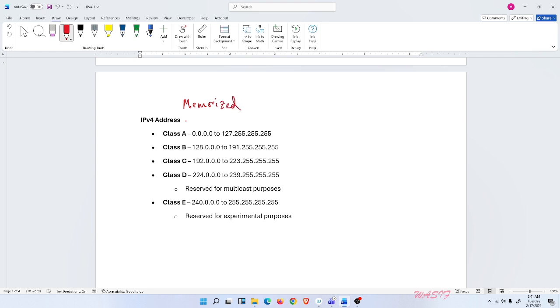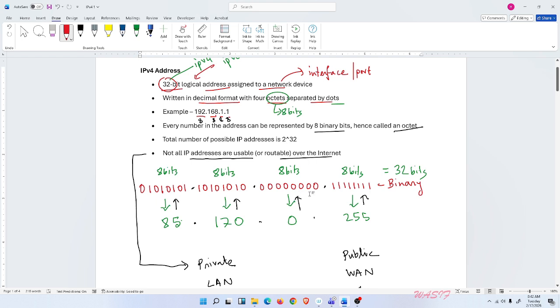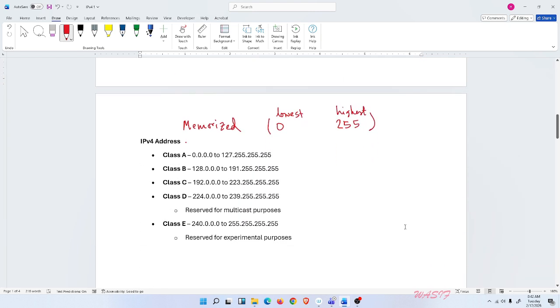Just remember, in an IPv4 address the lowest you can have is 0, and the highest you can have is 255. All zeros produces only 0, and all ones produces only 255. So you cannot have less than 0 and you cannot have more than 255.